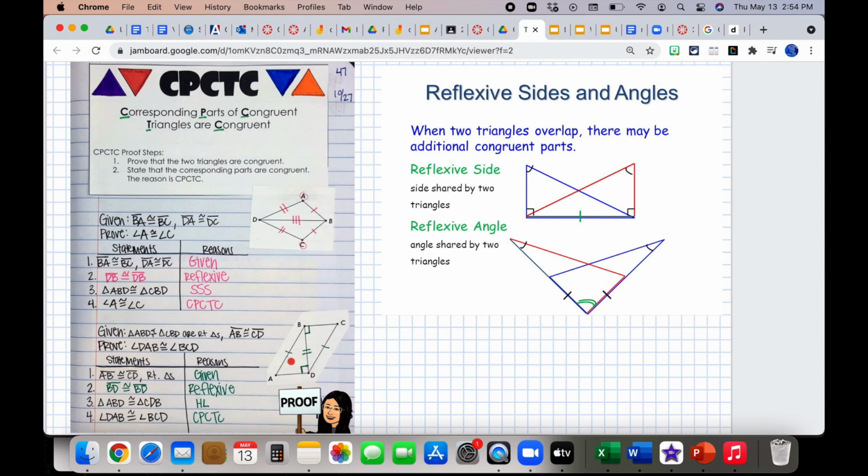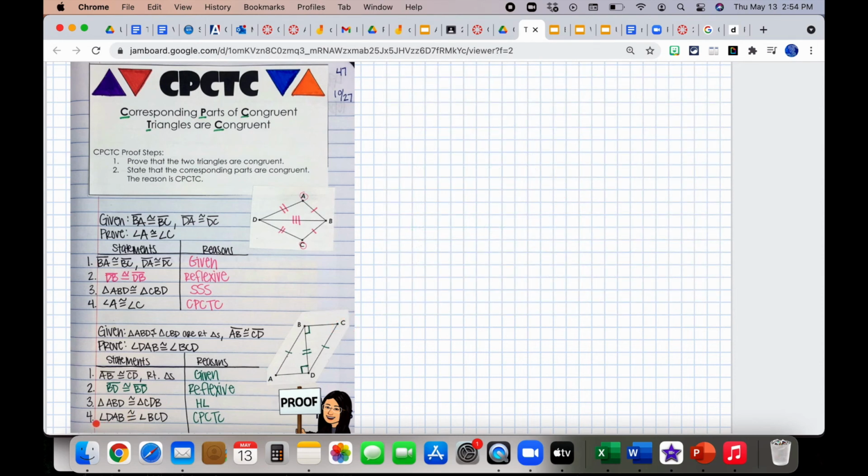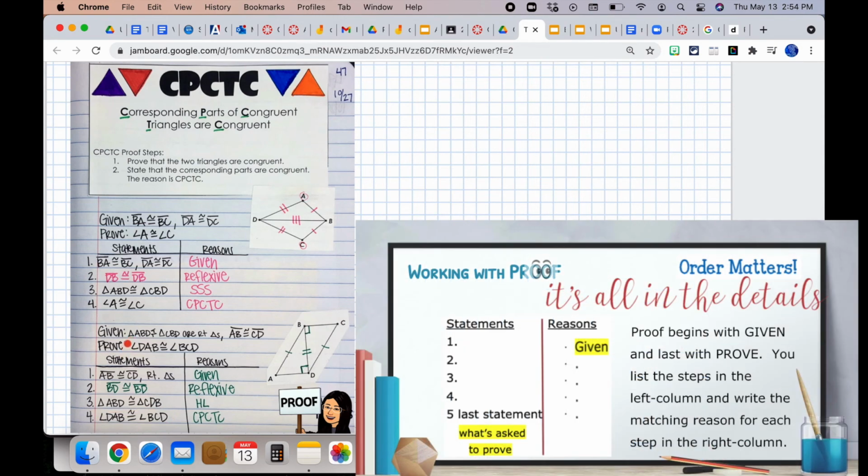We can go ahead and say that angle A is now congruent to angle C, and that is what you're asked to prove. You can see this is always the last line. Whatever you're asked to prove will be the last line on the statement. And we use CPCTC, corresponding parts of congruent triangles are congruent, and point that out.